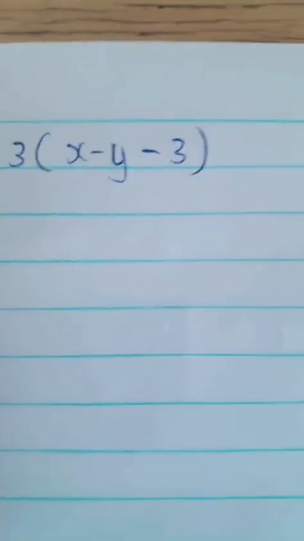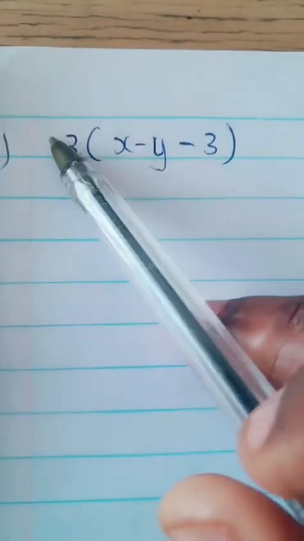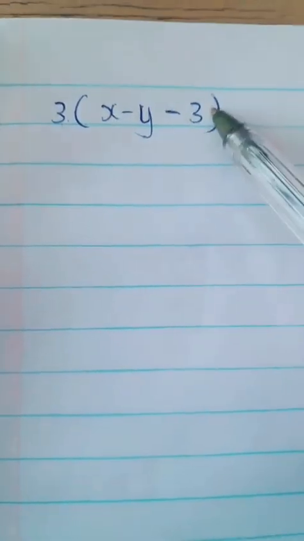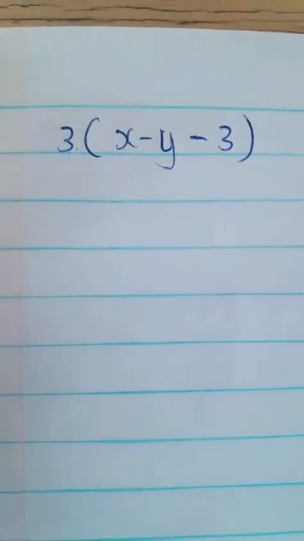So let's move on to the next part, which is your monomial by a trinomial. Monomial, one term, by a trinomial, 1, 2, 3 terms. Remember, what separates terms is a plus and a minus sign.